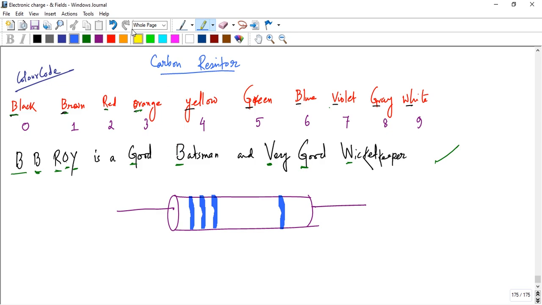There are 4 bands. The color of each band defines the value of the resistor. First color, second color, third color, and the fourth band represents tolerance.